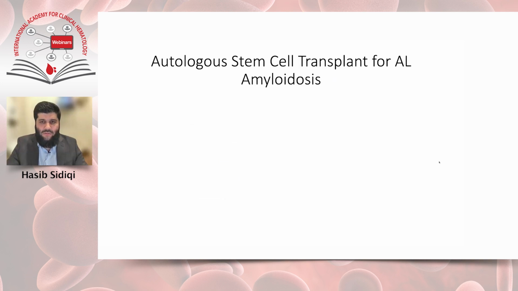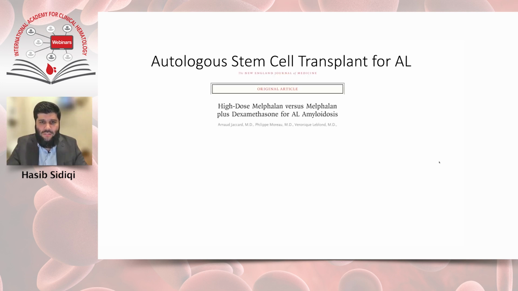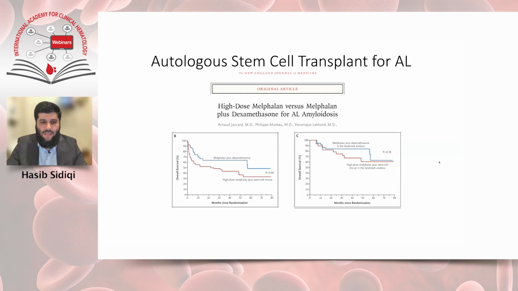So what about a stem cell transplant for light chain amyloidosis? Well, we're all aware of the early studies that really, unfortunately, led us to steer away from using stem cell transplant in patients with light chain amyloidosis. This was a study done in the early 2000s, and what we found is that patients who received a stem cell transplant did no better than those receiving oral melphalan and dexamethasone.